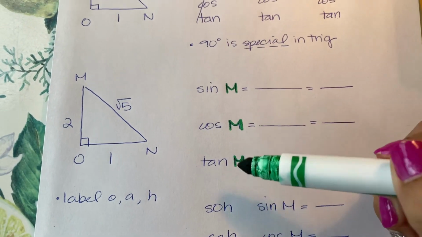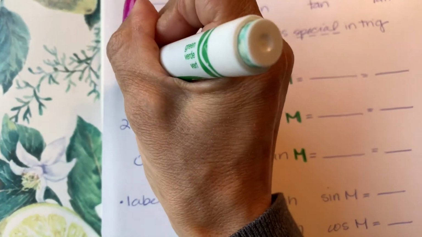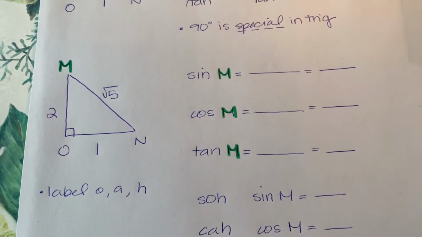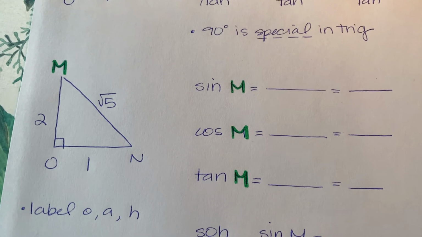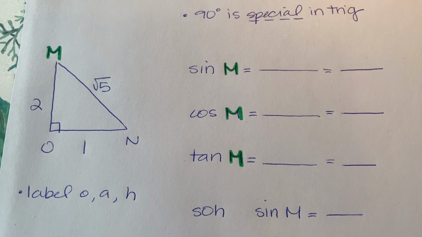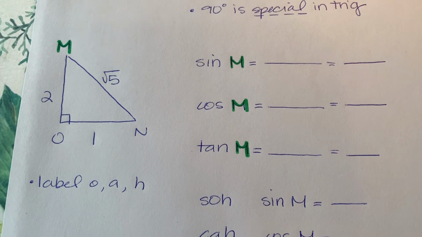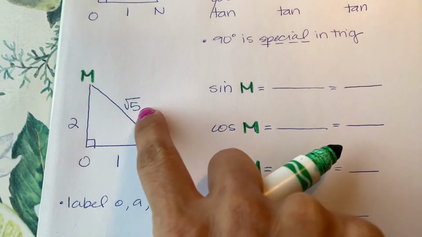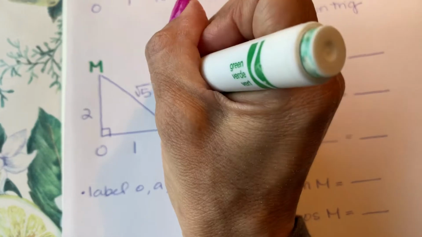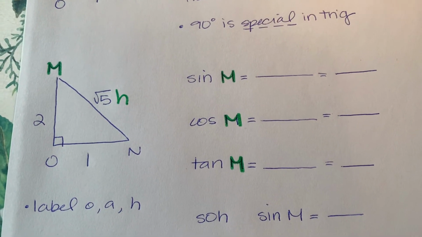So find M. Now based off of angle M, label your opposite and adjacent. Hypotenuse never changes. Your hypotenuse is the side opposite the 90 degrees. So this is H, non-negotiable.